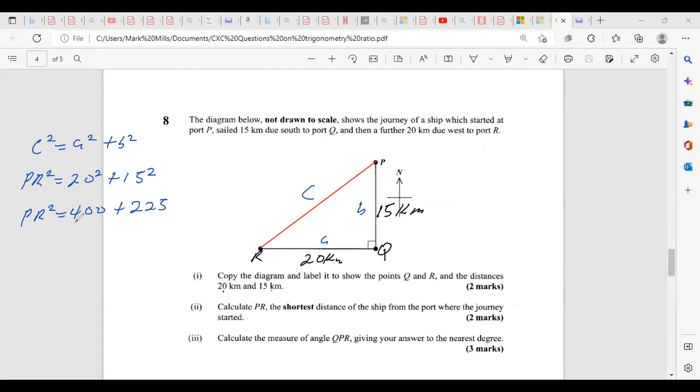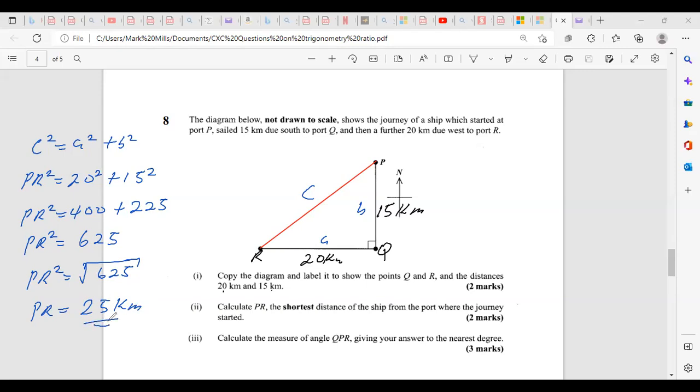We added 400 plus 225, what do we get? 625. So PR square is 625, so find the square root of 625. PR, what do we get? 25. 25 what? Kilometers, all right? So that is it.